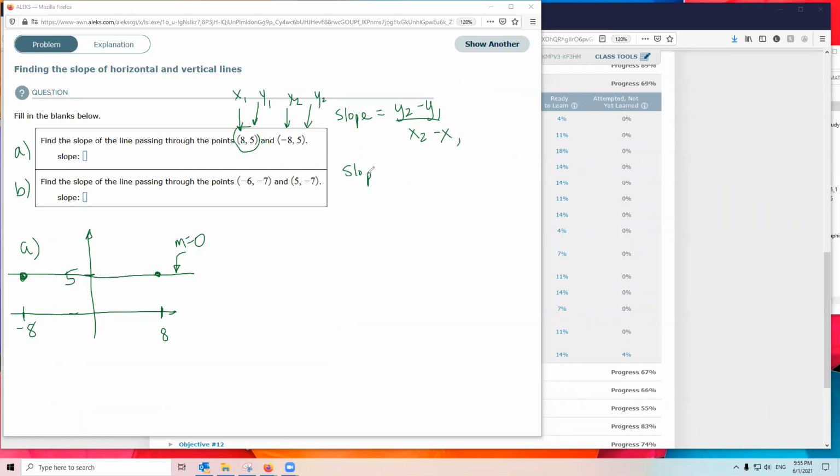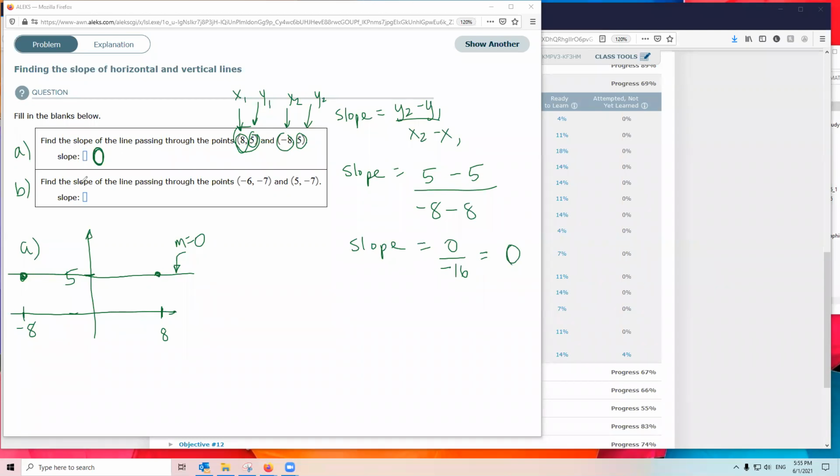The slope is going to be y2, which is 5, minus y1, which is also 5, over x2, which is -8, subtract x1, which is +8. When I work this out, I'm getting a 0 on top and a -16 on the bottom, but 0 divided by any number is 0. So the answer for part A is the slope is 0.